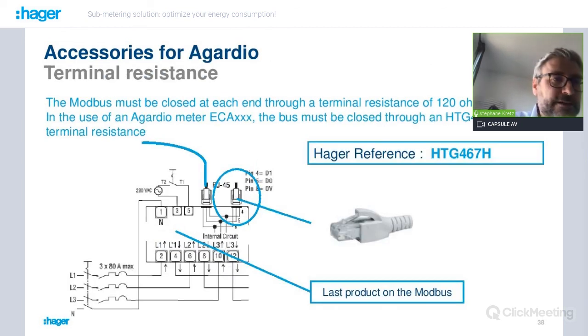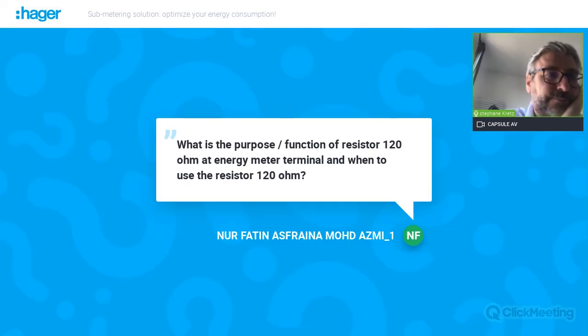Also, if you are in RJ45 with the Agardio system, for the last product on the line, we have a solution with RJ45 with a resistor integrated. That is what you can see here, and the reference for this product is HCG 467H. So again, I think we have here the solutions to answer the different needs. Okay.